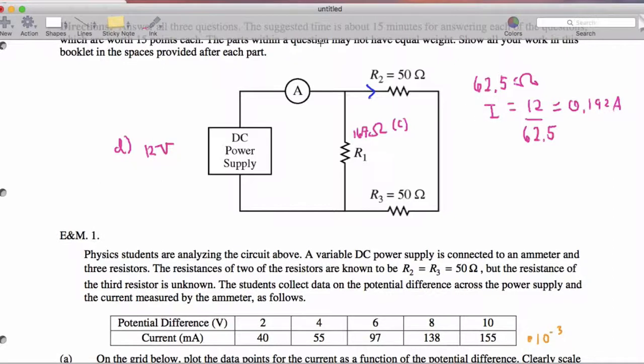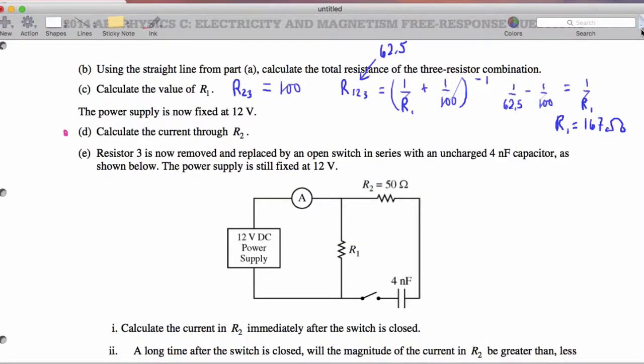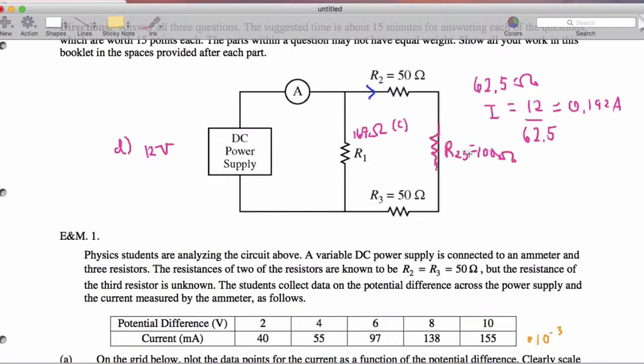Now I've calculated that. I'm not clear on how that's useful yet. I just wanted to go ahead and calculate it. So let's look at some other things. Okay, I have a 12-volt battery here. I also know that R23 as a combination is 100 ohms. So where does that lead us? We want to know the current through R2. We know R23 is 100. Here's what else we can say.